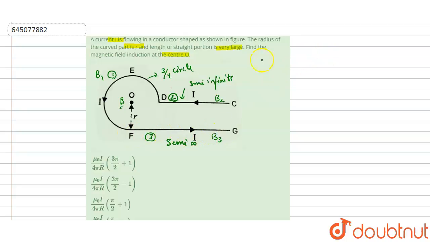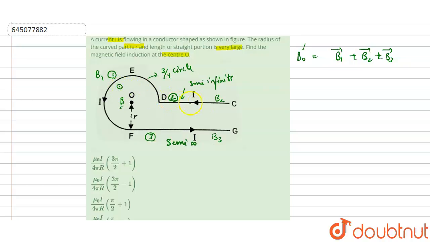Now let us consider that BO, the magnetic field at the point O, will be equal to the vector sum of B1 plus B2 plus B3. Now since the current is traveling in anti-clockwise direction, the magnetic field due to this circular loop will be in upward direction, out of the plane direction. So this is dot in upward direction.